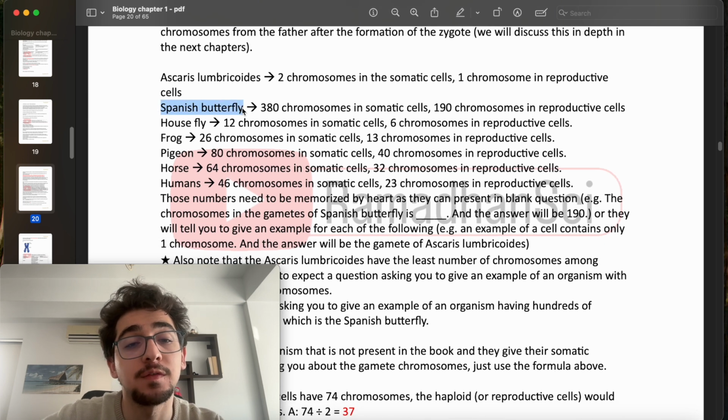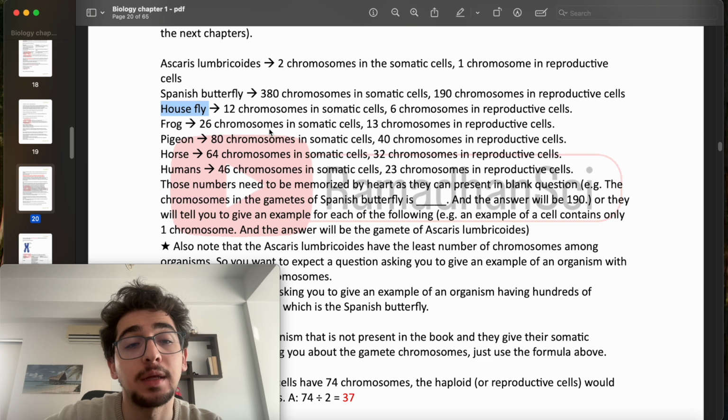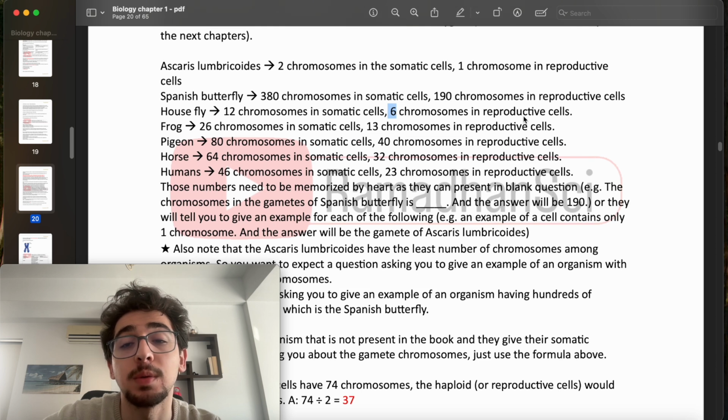And the Spanish butterfly, 38 in somatic, 19 in gametes. Housefly, 12 in somatic and 6 in reproductive. The frog is 26 in somatic and 13 in gametes.